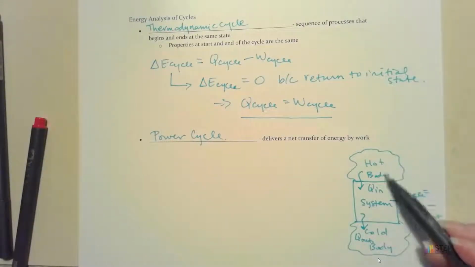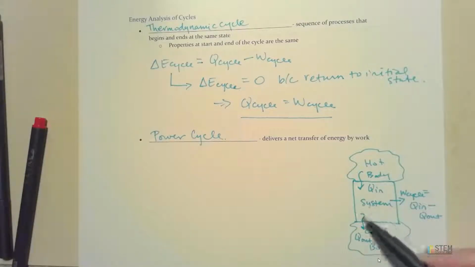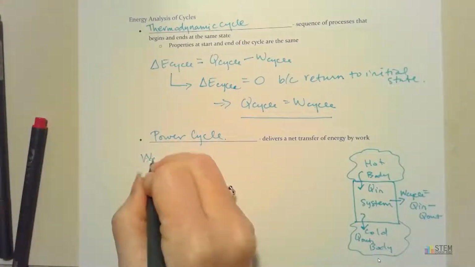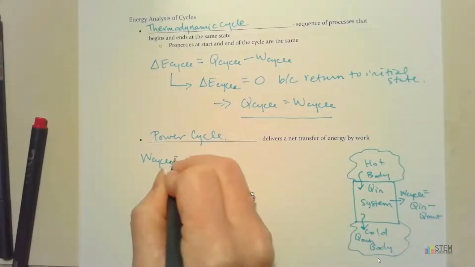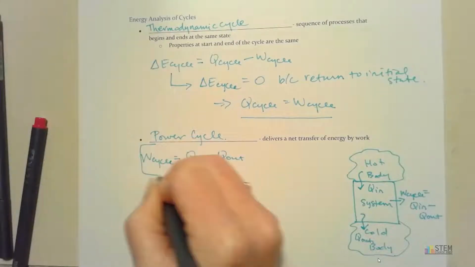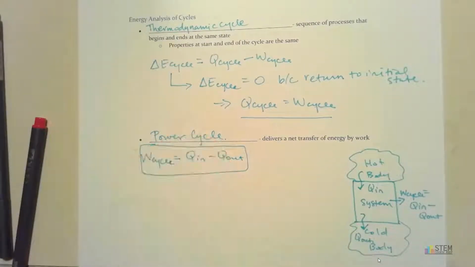So we've got a Q in from the hot body, Q out to the cold body. Work of that cycle is the difference between those two. Okay, so for a power cycle, the work that we get is going to be Q in minus Q out. Okay, so that's only for a power cycle there.